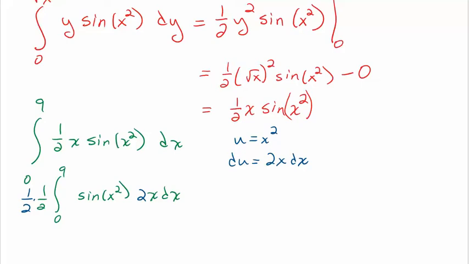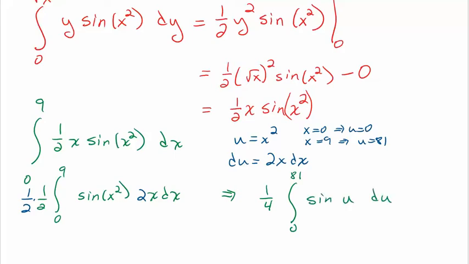If I do the u sub, I'm going to have 1/4 integral. Now I need to change my bounds. So to change my bounds, for x equals 0, u would be 0. And the upper bound of x equal 9 would turn into u equal 81. So I would have to change my bounds to go from 0 to 81, and then I could just write sine u du.